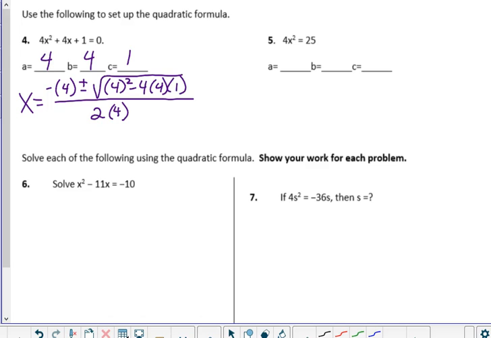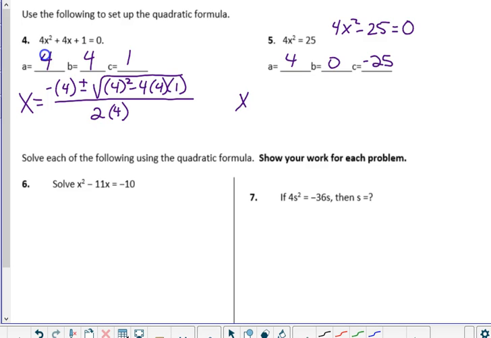Now for number 5, we're going to have to set this up in standard form. So I need to subtract 25 from both sides. That's going to give me 4x squared minus 25 equals 0. If you were solving by factoring, this would be really easy, but we're not doing that. We are setting up the quadratic formula. So I have a is 4, b is 0, and c is negative 25.